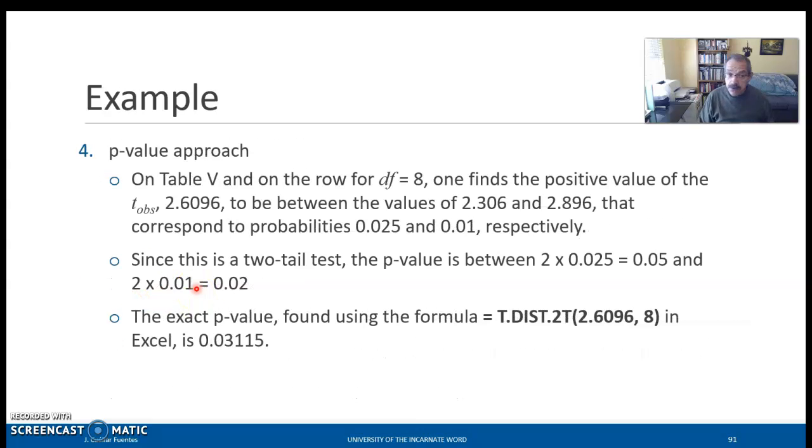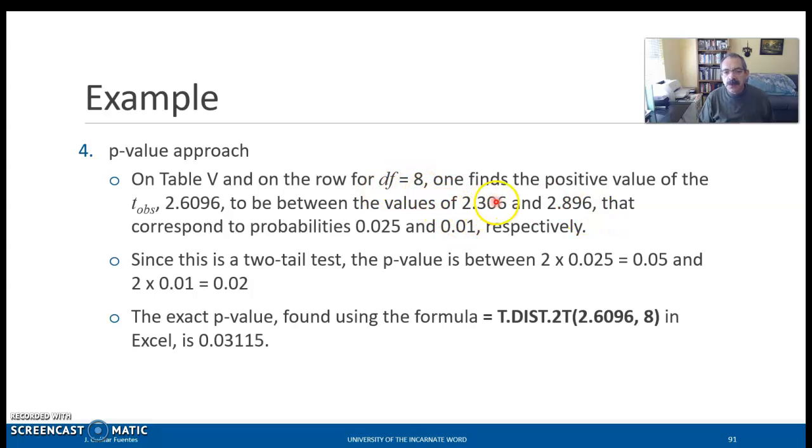approach. If you are asked to follow the p-value approach, then what you would do is on table 5, on the row for 8 degrees of freedom, you will see where the t-observed is with respect to the numbers listed on that row. So the t-observed is 2.6096, and then you see that it's between the values of 2.306 and 2.896 on the row for 8 degrees of freedom.